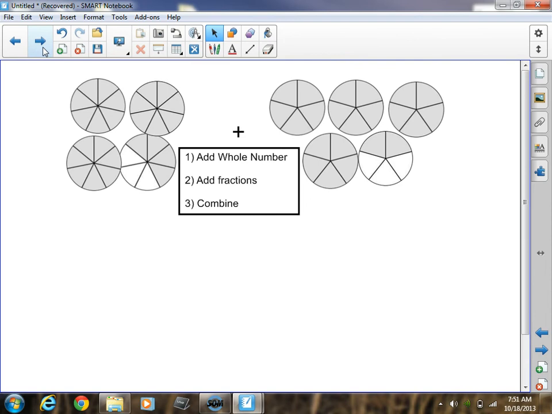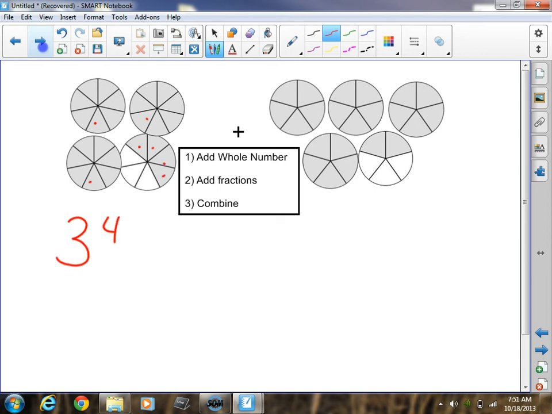Now our next step is to add mixed numbers that do not have common denominators. This is where our lesson from today is going to be very important because we're going to use that information and apply it here. So right here we're going to name these fractions. I have 1 whole, 2 wholes, 3 wholes. So there's 3 wholes, and I have 1, 2, 3, 4 sevenths.